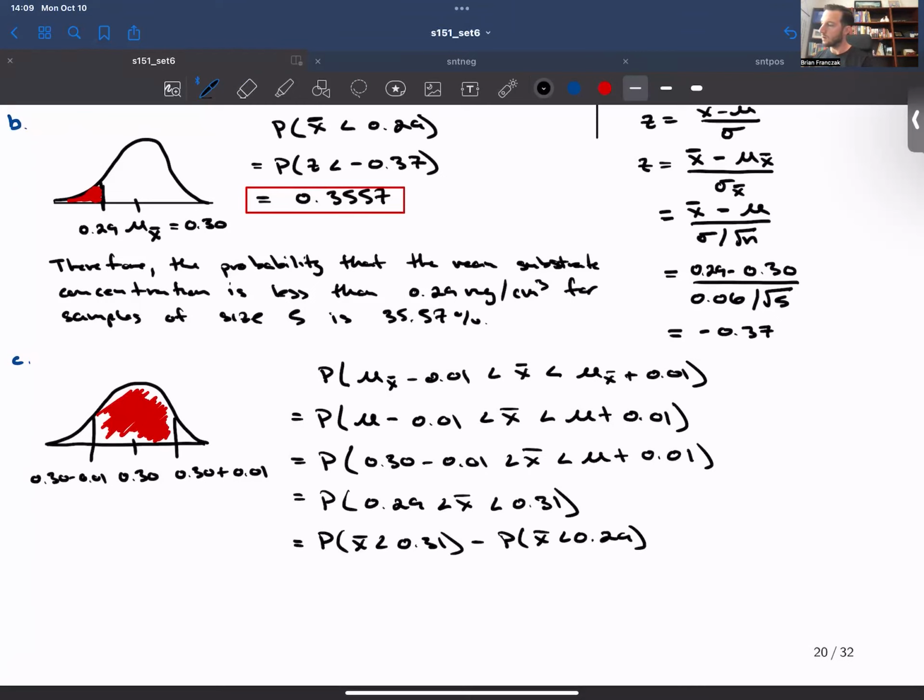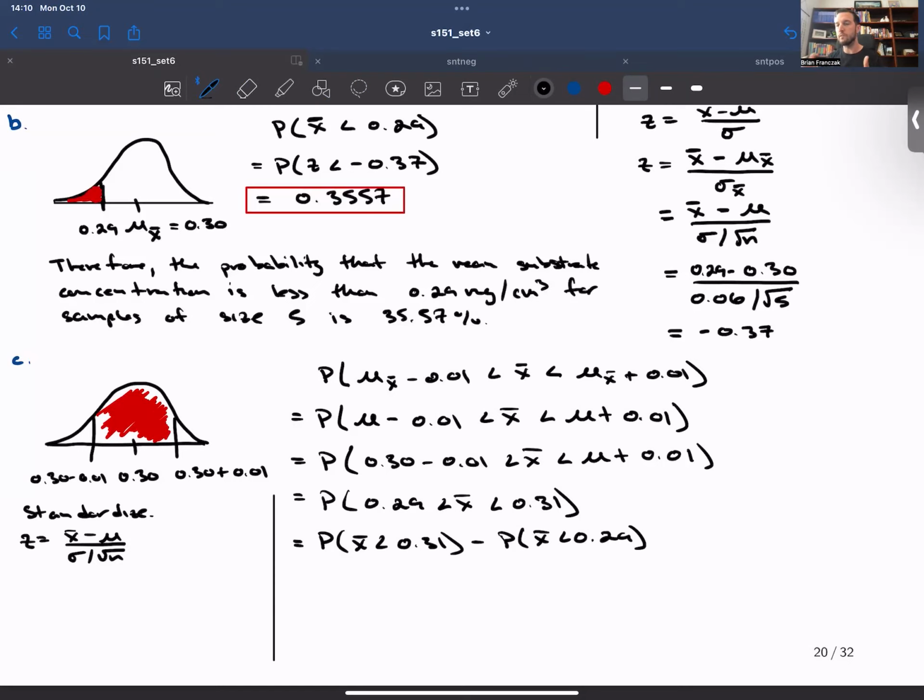All right, so we need to standardize. I'm going to do that over here. We know Z is x bar minus mu over sigma divided by the square root of n.